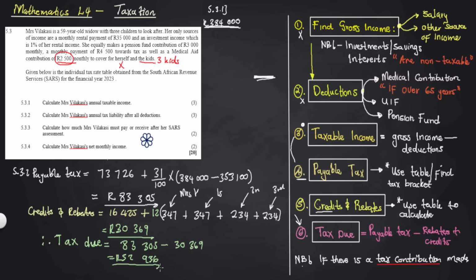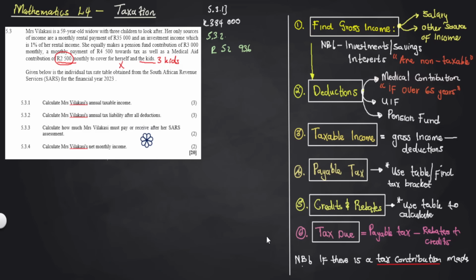This is the tax due. Now 5.3.3. For 5.3.2 her tax is 52,936. I'm going to hide this and calculate 5.3.3.